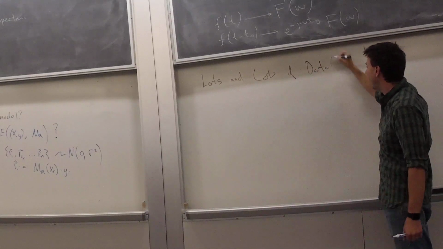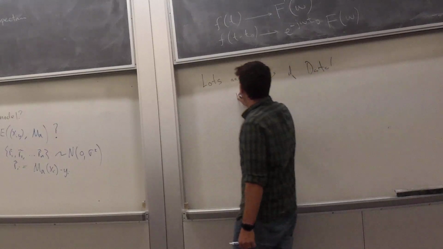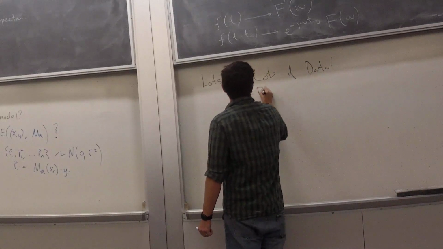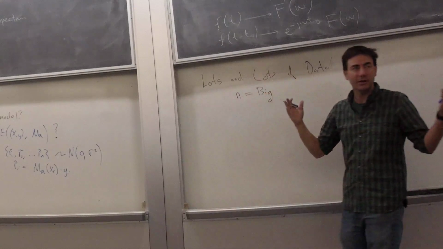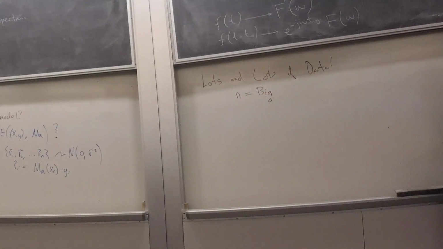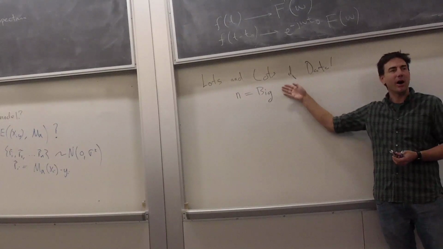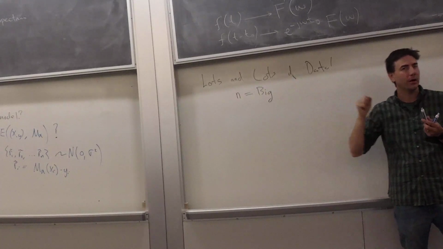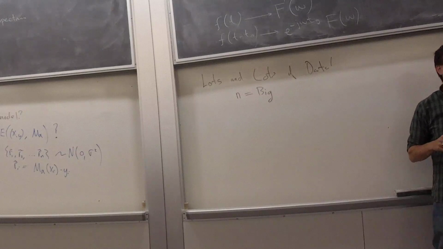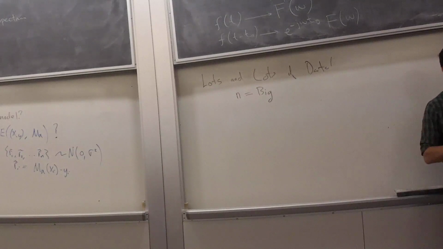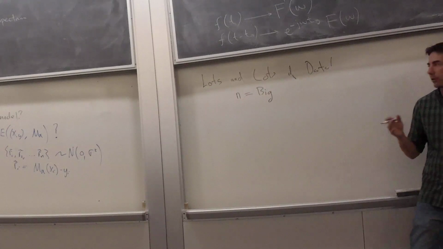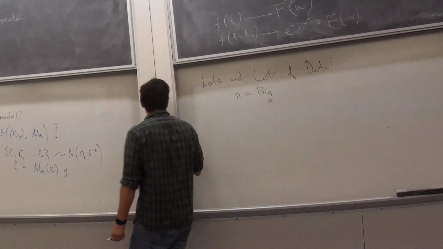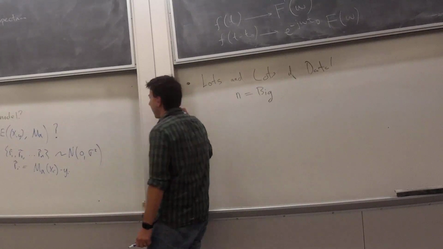So n is so big, the number of data points we have is big, and this means that we don't need to use all of the data to build a model, and we can hold out some data to evaluate how good the model is.